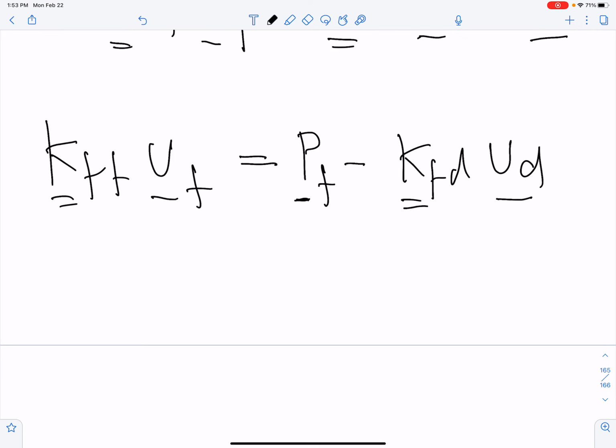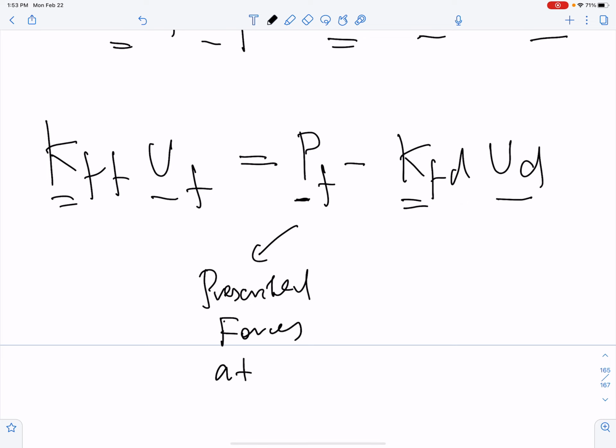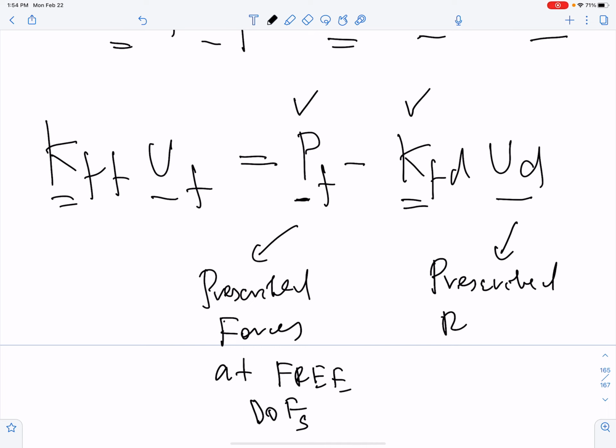So let's look at the terms carefully. These are the prescribed forces at free DOFs. So this is given. That guy, KFD, you obtain by using direct stiffness assembly. And UD are also the prescribed restrained DOFs for displacement.